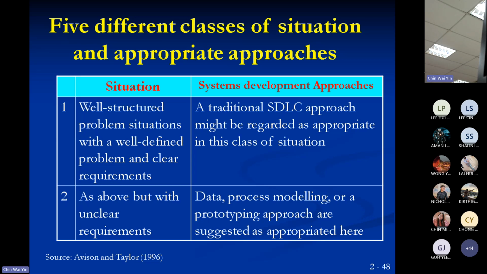In this case, they suggest that you use a data modeling or process modeling approach to find out the requirements, through techniques such as prototyping to clarify and get the requirements.